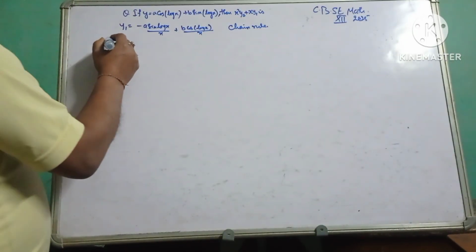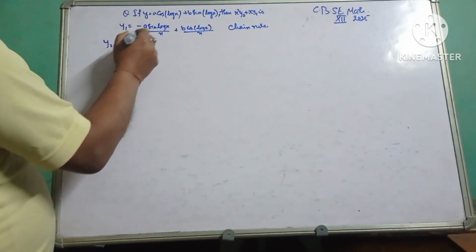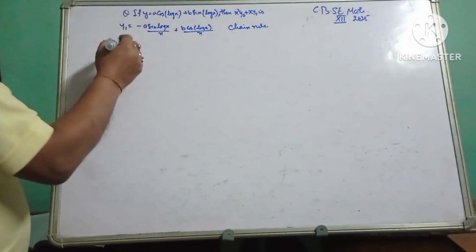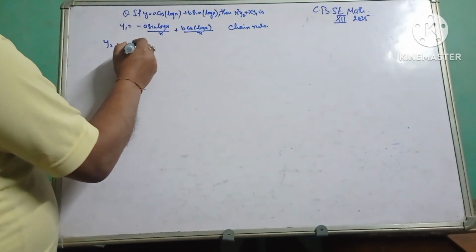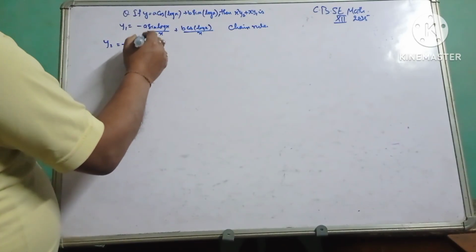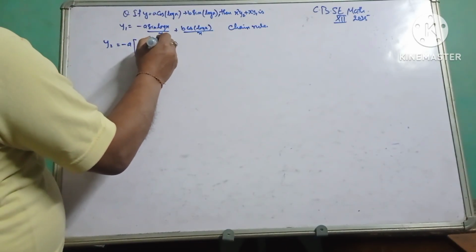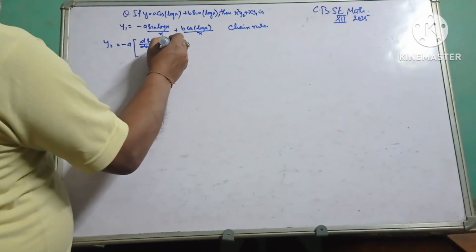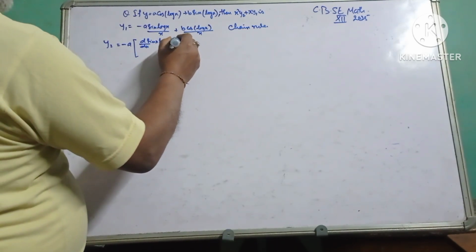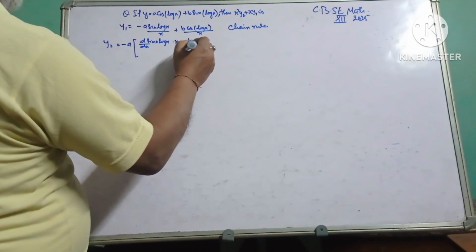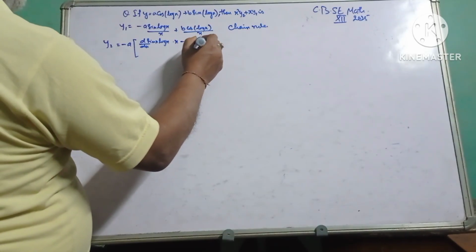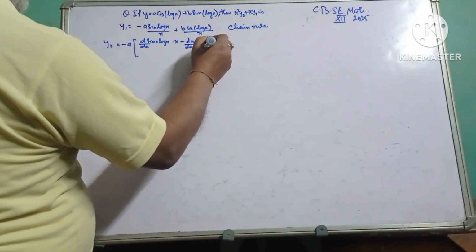Now your second derivative, see y2. Here this will be quotient rule. So let me take minus a common here. Differentiation of the numerator, sin(log x), into denominator, minus differentiation of the denominator into numerator, sin(log x).